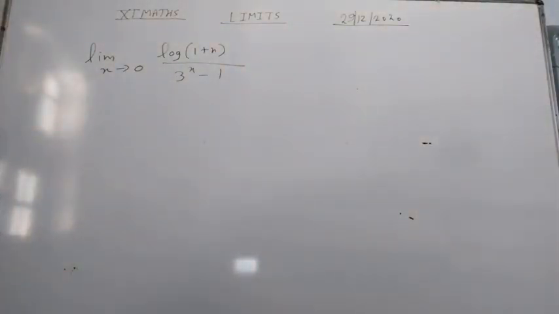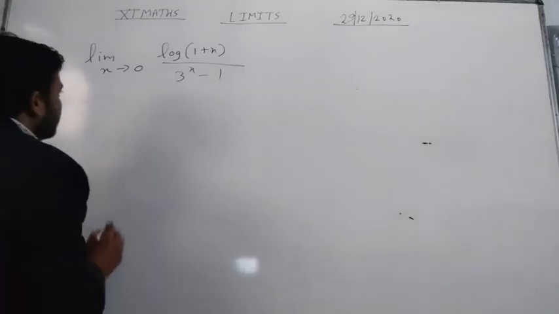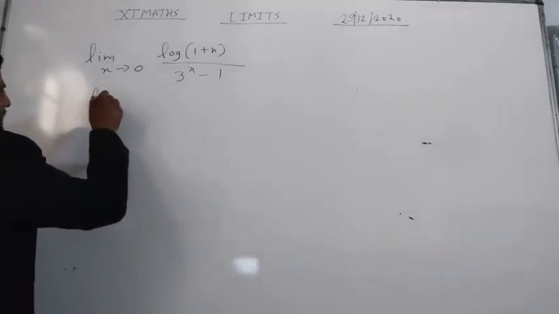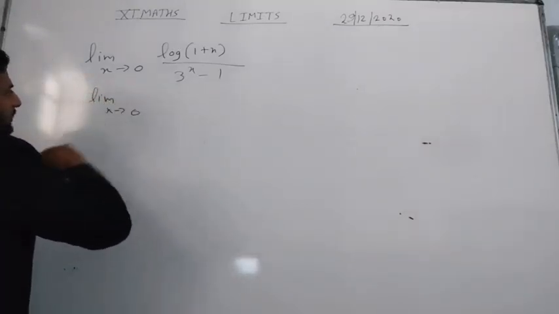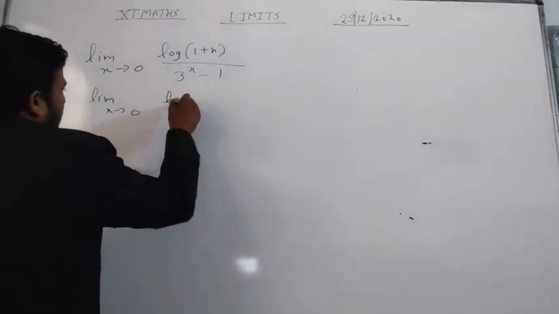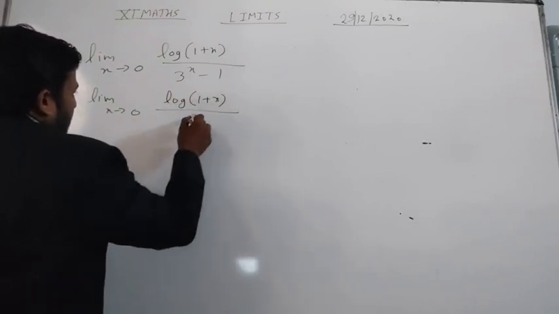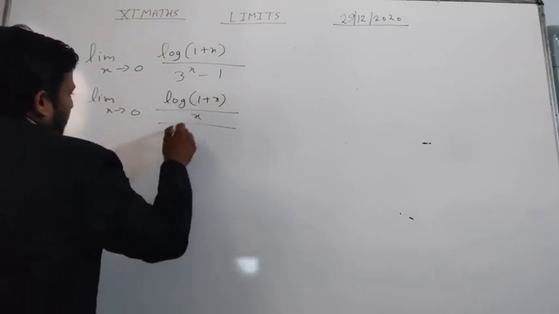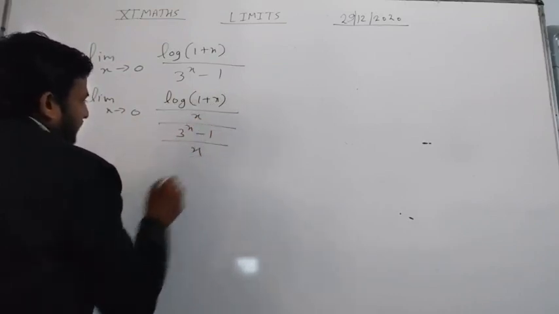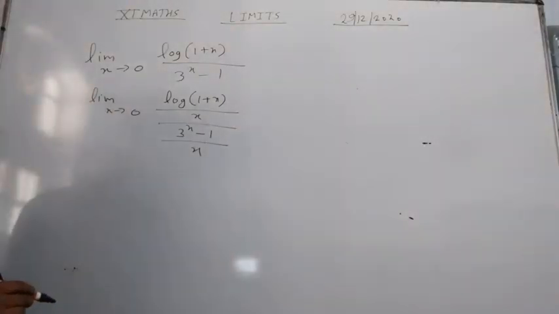Okay student, now in this question we write limit x tends to 0 log (1 plus x) by e. We are dividing with x, and again in the numerator and denominator both we are dividing with x.